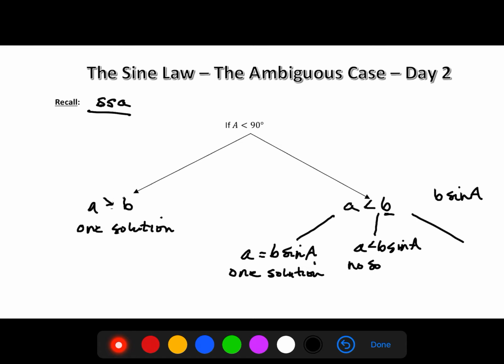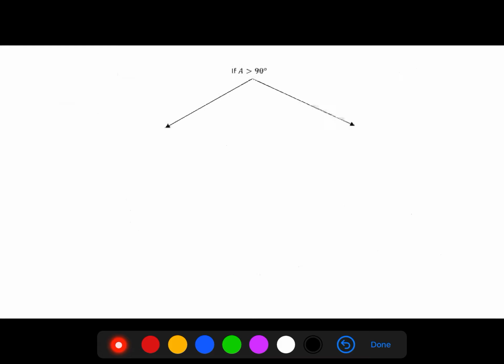If A is shorter than B sine A, that means it's never going to meet up with the other side, meaning that there is no solution. And if A is greater than B sine A, therefore here we have two solutions, one acute angle and one obtuse angle.